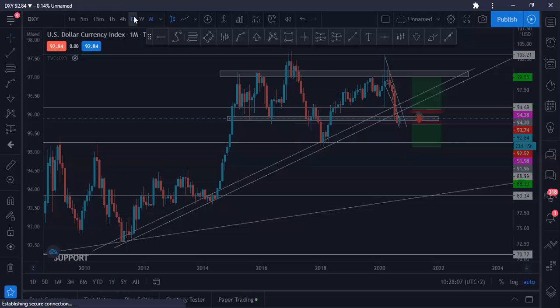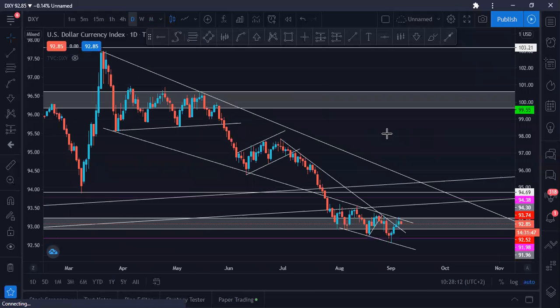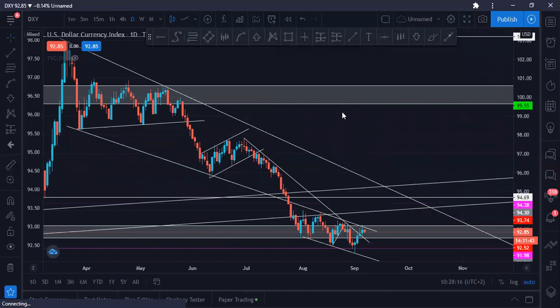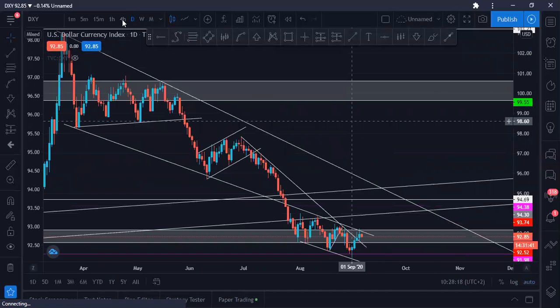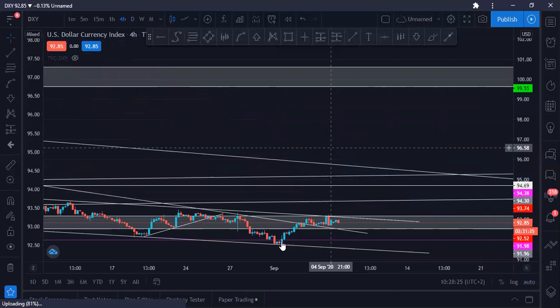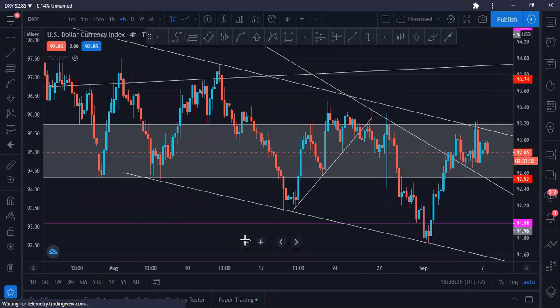Things are kind of choppy right now, but let's look at it on the smaller time frame and see what's actually going down. I'm going to go to the 4-hour time frame so that you guys can see this thing properly. Just zoom out.